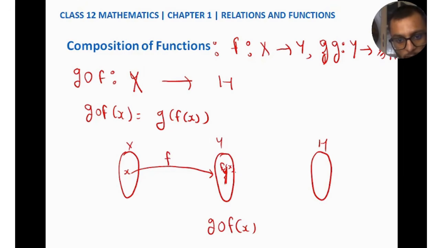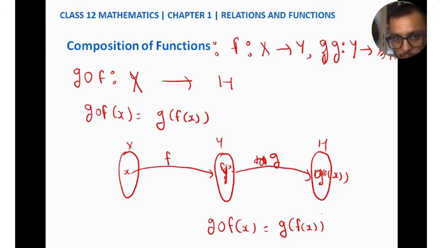Then on that f of x, it is acted on by g, sorry, not h. Then you will get g of f of x. You got it right? This is how composition of functions is defined.